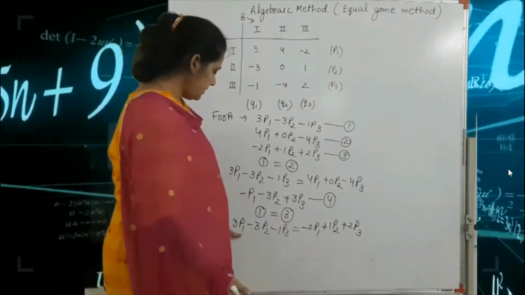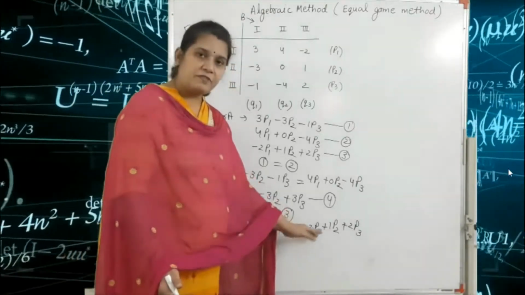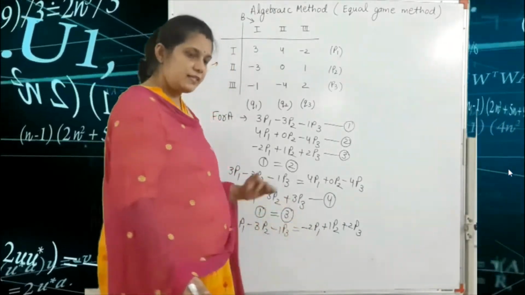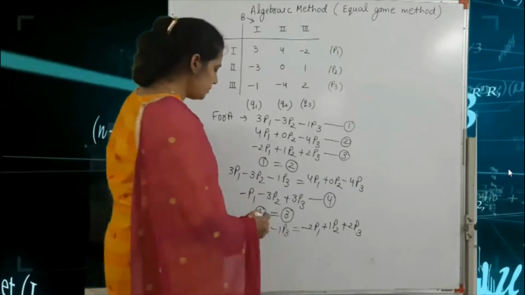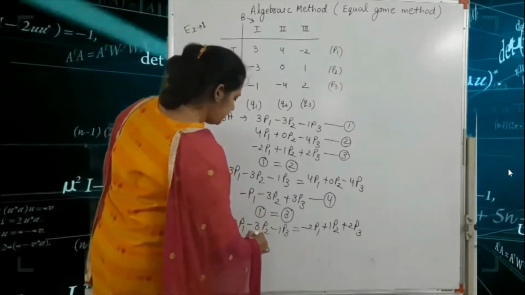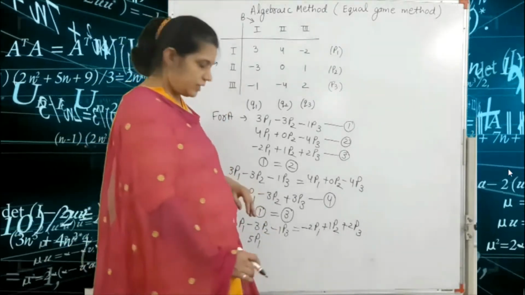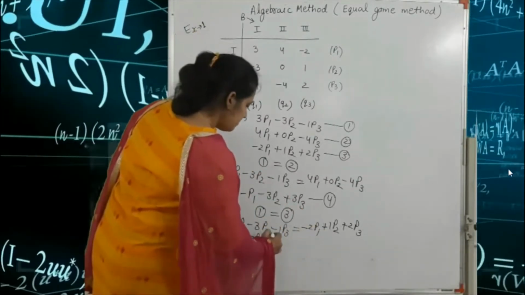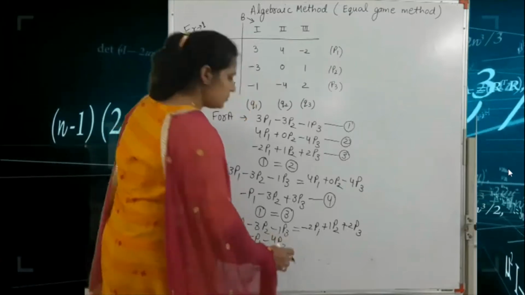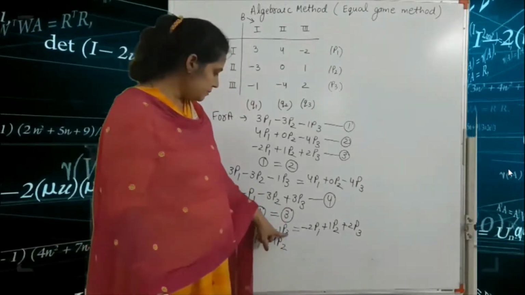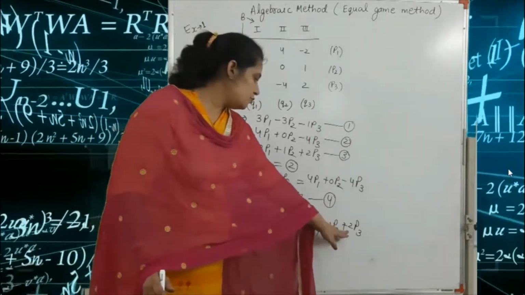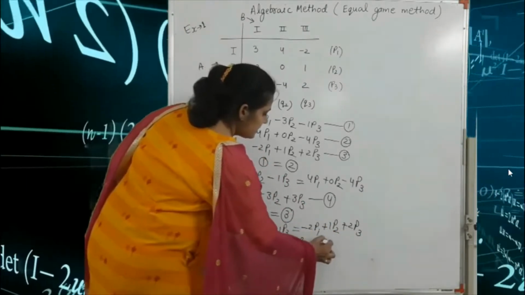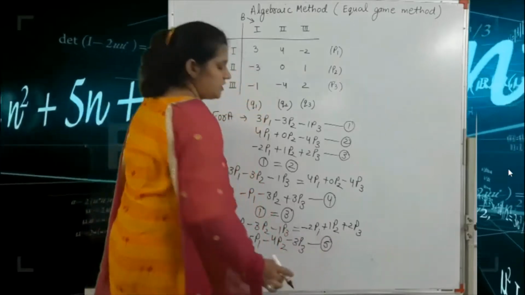So 3P1 minus minus 2P1, the minus sign is converted into a positive sign, so 3P1 plus 2P1 is 5P1. Then minus 3P2 minus P2 is minus 4P2. And minus P3 minus 2P3 is minus 3P3. That means this is your fifth equation.